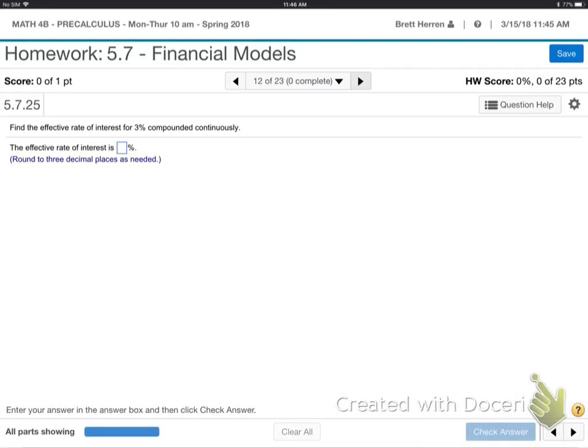All right, let's try one of these. So here it is. It says find effective rate. 3% compounded continuously. So try that with 3% compounded continuously. So which formula are we going to use? The PERT one, right? Because this is continuous compounding. It says continuously.